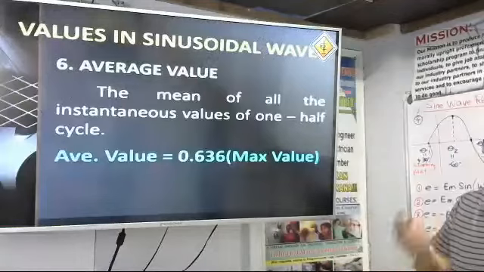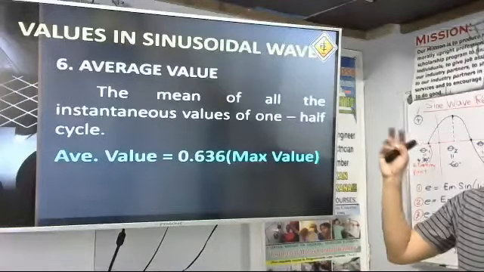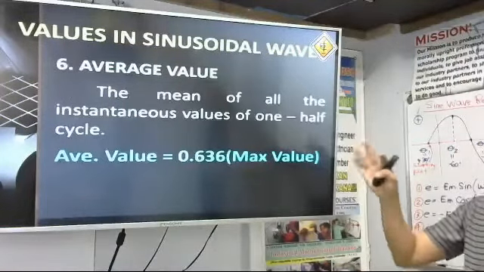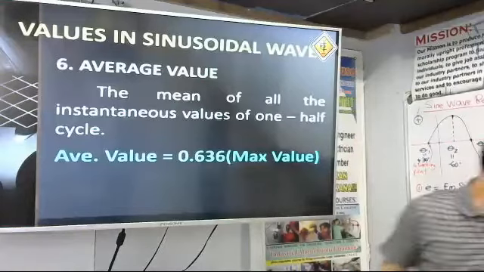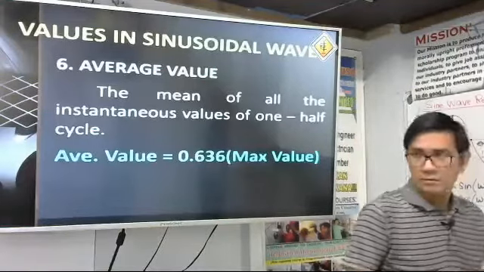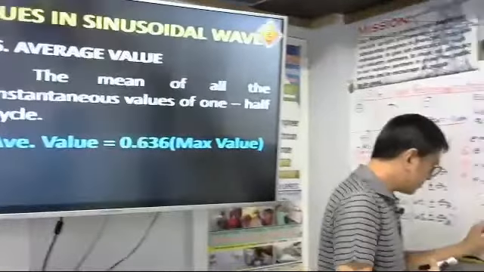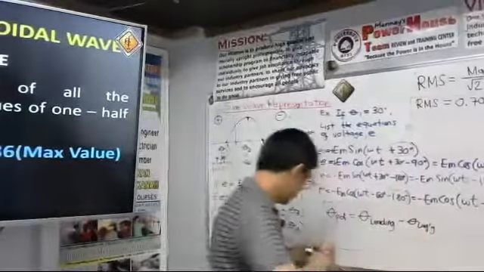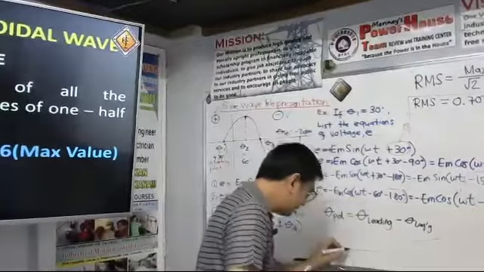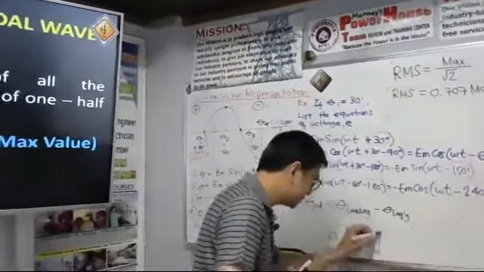Okay, what about the average value? The mean of all the instantaneous values of one half cycle. Let's say our waveform before, all the positive values. What is the average of all the positive values here? Let's say you have your 60 hertz here.